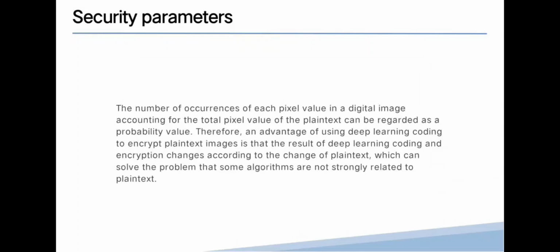So, an advantage of using deep learning coding to encrypt plain text image is that the result of deep learning coding and encryption changes according to the change of plain text, which can solve the problem that some algorithms are not strongly related to plain text.